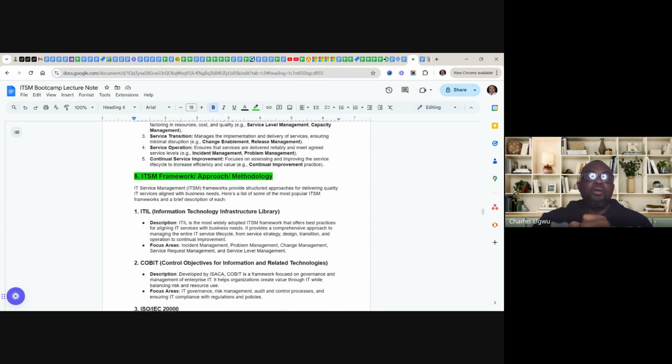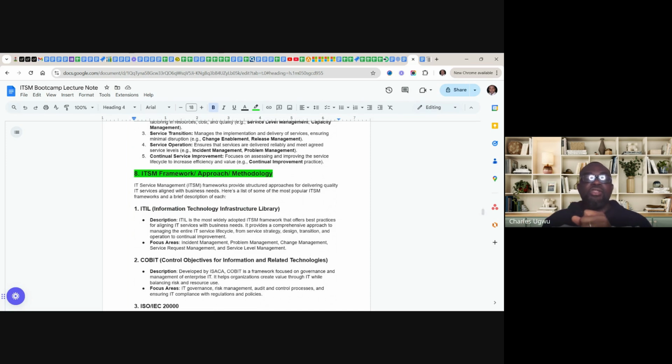Okay, we've already seen how ITIL works. This is ITIL, Information Technology Infrastructure Library. That is the full meaning of ITIL. And that is what we've been discussing since we started this bootcamp, trying to understand how it works.